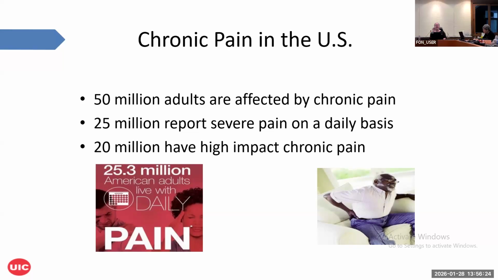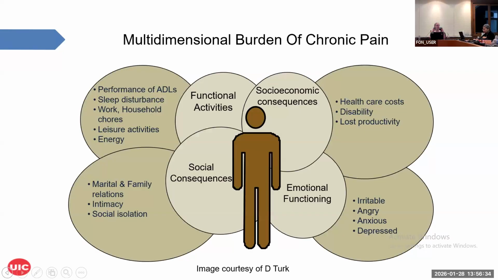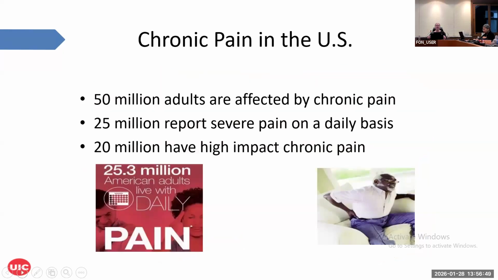So the impact of the chronic pain, if you think about it and you go back to this biopsychosocial, a high impact means that these multidimensional areas are severely impacted by the pain. Okay, so severe pain is just how they're rating the pain on the 0 to 10 scale, but the impact is what impact it has on your life.